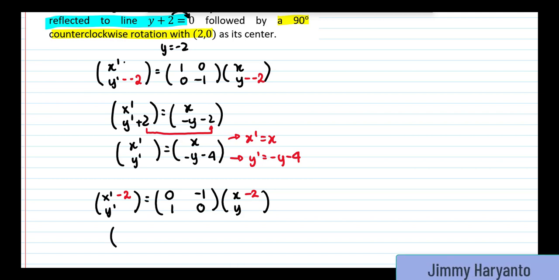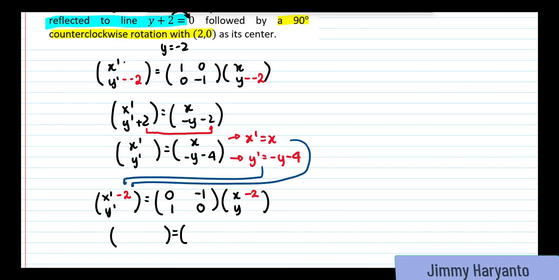Next is to simplify the right hand side, as long as I want to replace the x prime and y prime using this one. There you go. Oh my bad, this one should be x double prime, ya. This one is x prime, my bad.